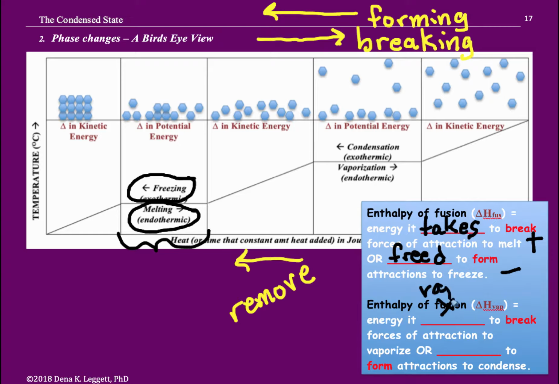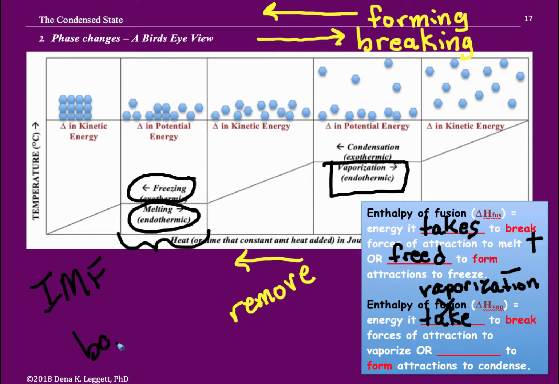The enthalpy of vaporization, caught a typo there, is the energy that it would take to break. When we vaporize, it takes energy to break any force of attraction, whether it be an IMF or a bond. So IMF, it's molecular covalent. A bond, if we are talking about network covalent, metallic or ionic.